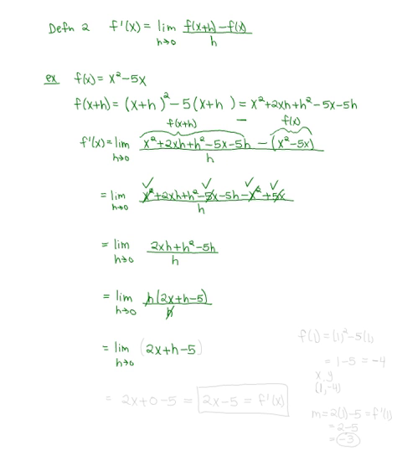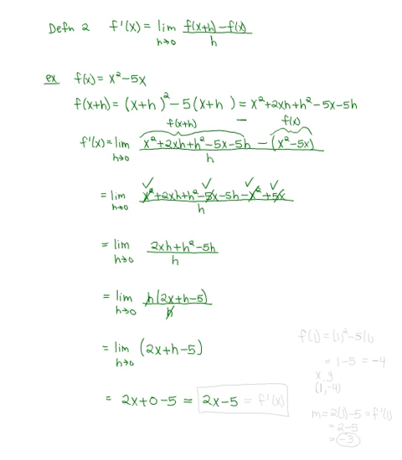And to evaluate this limit, all we need to do is to use the direct substitution property and plug in a 0 for h. So we get 2x plus 0, because that's what h is approaching, and then minus 5. So we get as our final answer 2x minus 5.